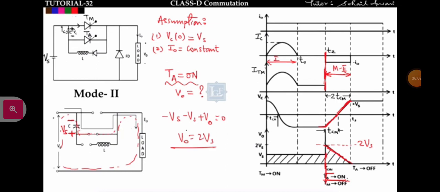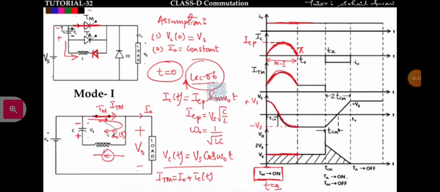So the output voltage waveform I will get somehow like this. The voltage drop across capacitor waveform will be like this, and output voltage will be like this.